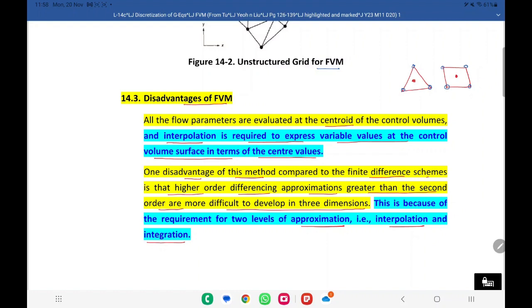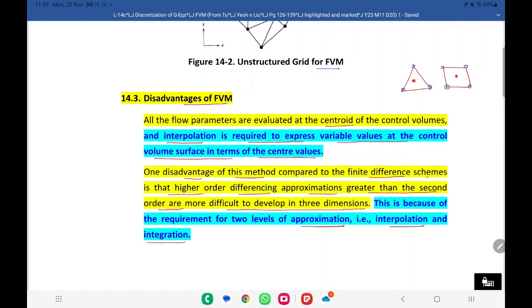This will become clear to you when you solve the problem. You have a differential equation of conservation. Now when you apply that at a volume, you are going to use a differential in an integral form.